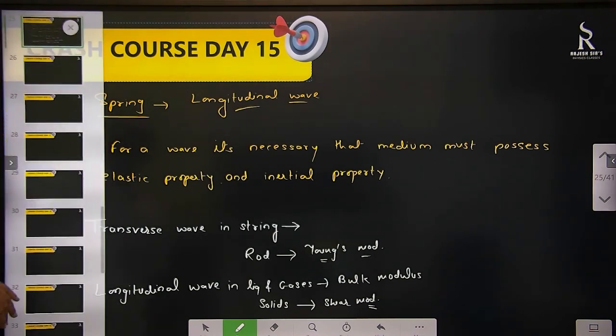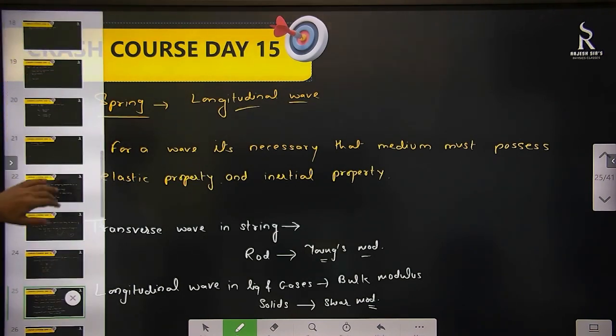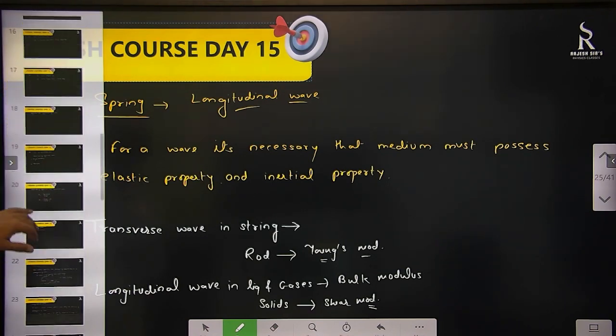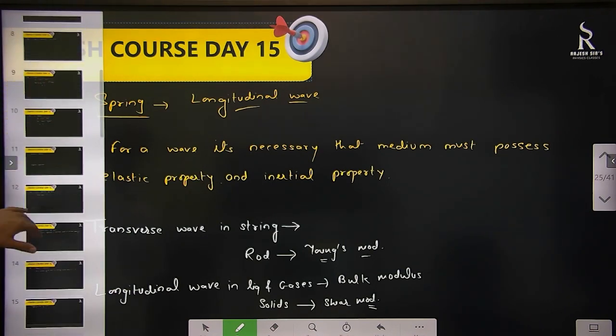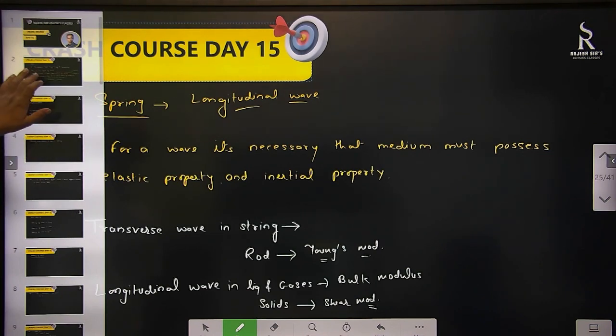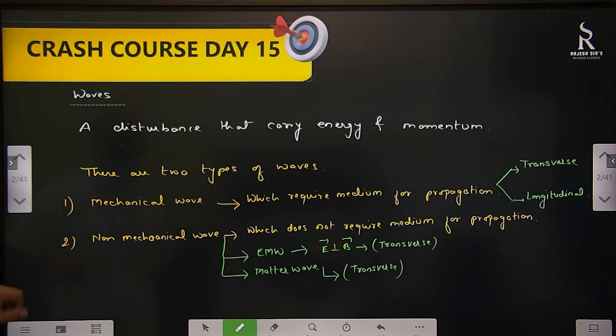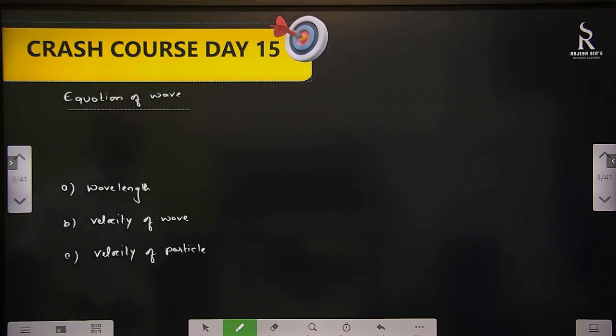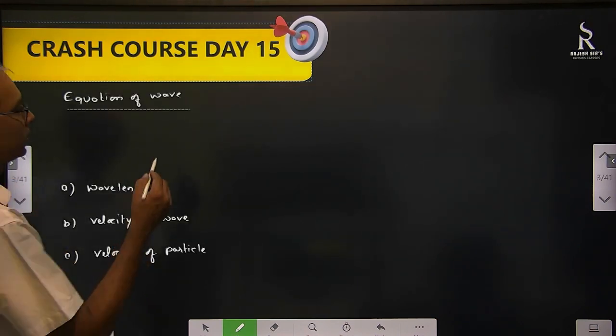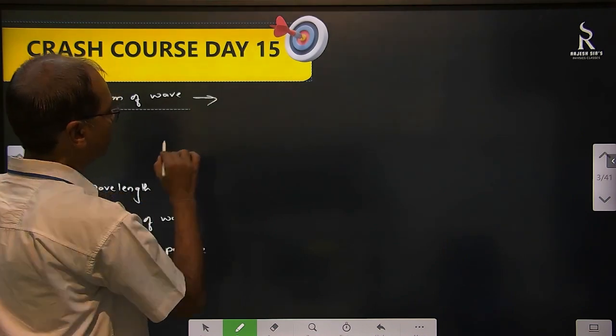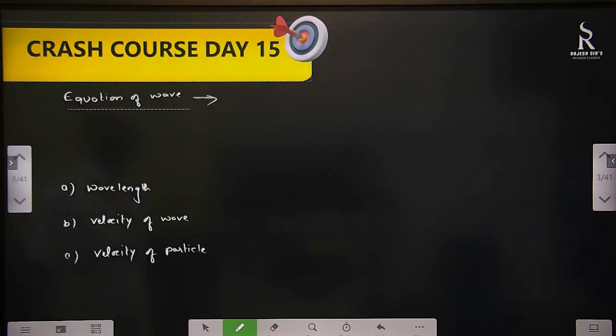Okay, right, let's move back to the initial slides where we were, when we were talking about waves. Let's move ahead. So now next, after studying waves and types of waves, the initial information, is the equation of a wave.